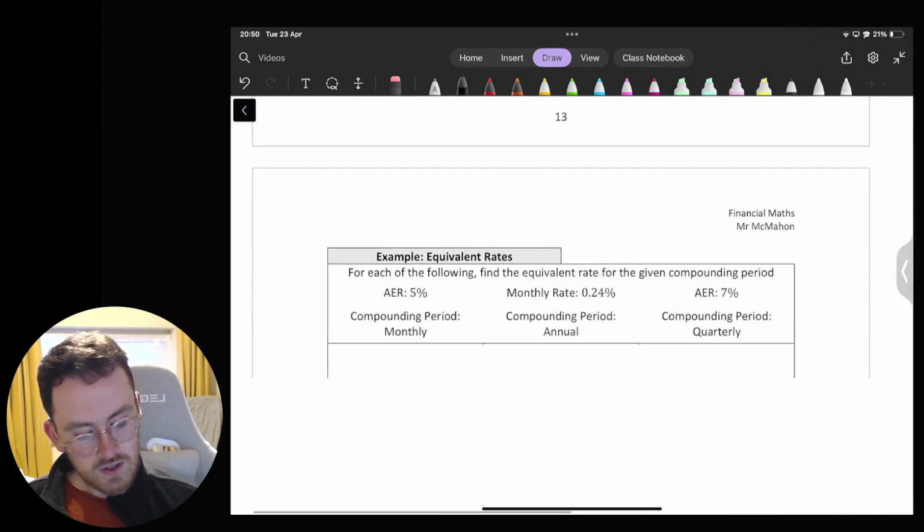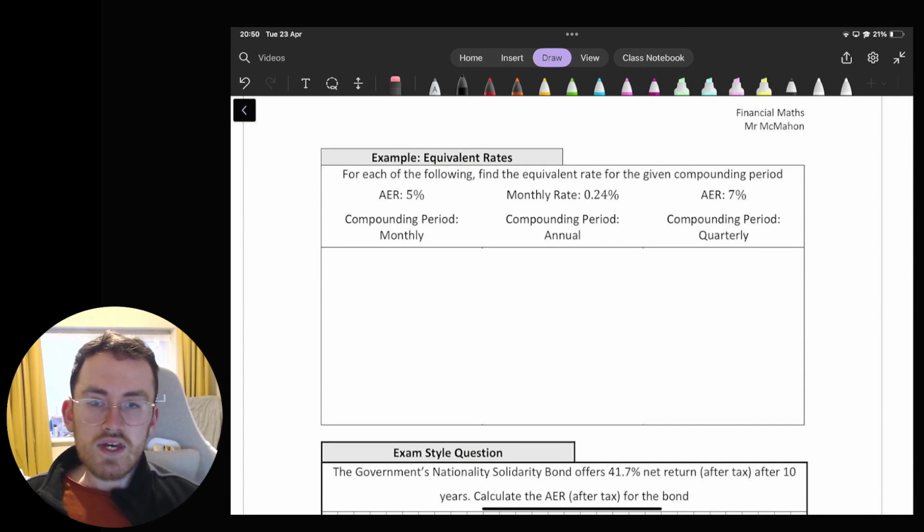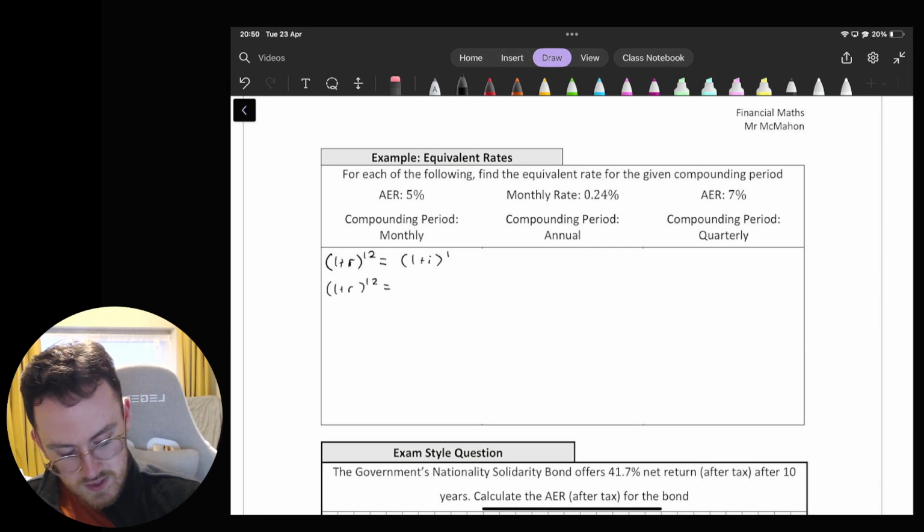Okay, let's look at another example. Find for each of the following the equivalent rate for the given compounding period. So if I have an annual rate of 5% and I'm compounding monthly, let's set it up. (1 + R)^12 should be the same as 1 plus I for 1 year. (1 + R)^12 is the same as 1.05 for 1 year.